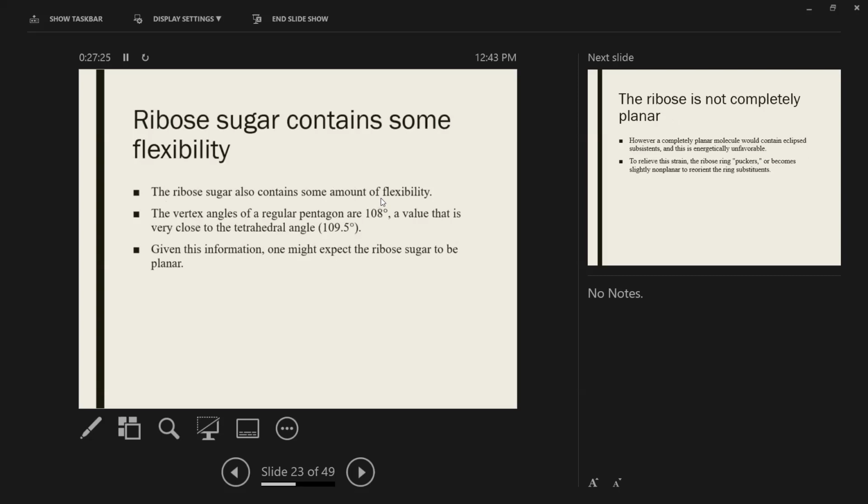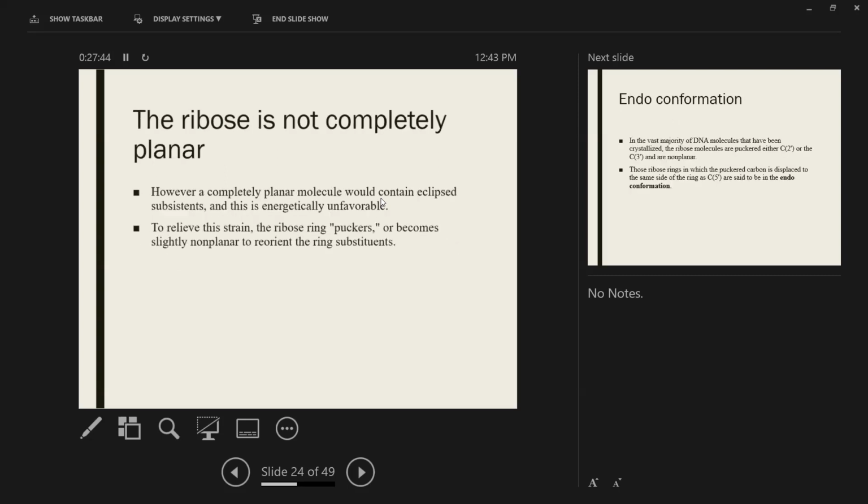What about ribose sugar flexibility? Ribose sugars are subject to a bit of flexibility, but not much. So the ribose, you might expect it to be planar, but it very clearly is not.